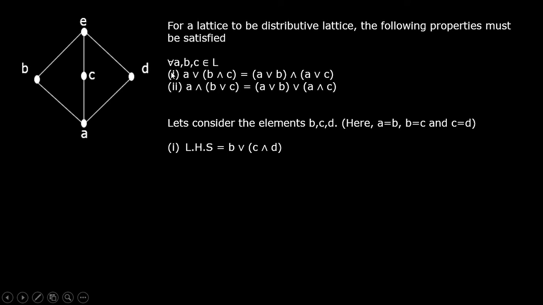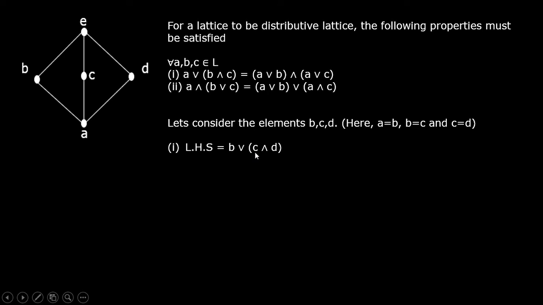Now for the first condition I will choose the LHS. Obviously first of all I will see if my first condition is being satisfied or not, and for this I will take the LHS. So what is the LHS? LHS says B or (C and D). So what is C and D?